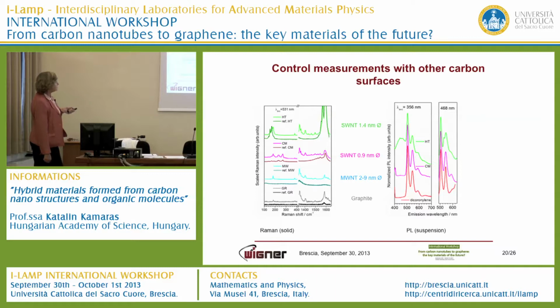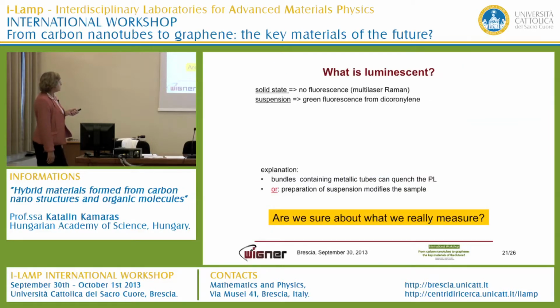And you also have the suspension photoluminescence in all of them, so that is just the CoMoCat and the high temperature filled. So that means that we can be almost sure that what we see is something from the outside, adsorbed dichloronylane. But of course, we saw in the TEM that we have something inside as well.